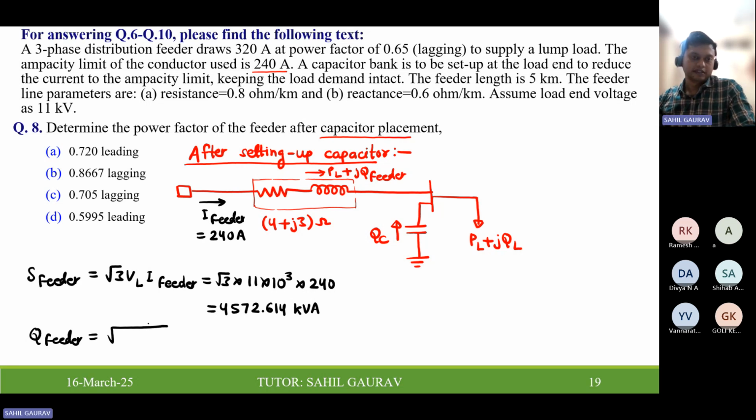Q feeder is root of S feeder square minus PL square, because PL you cannot disturb. All the active power comes from the substation.